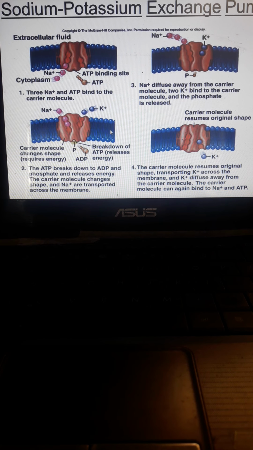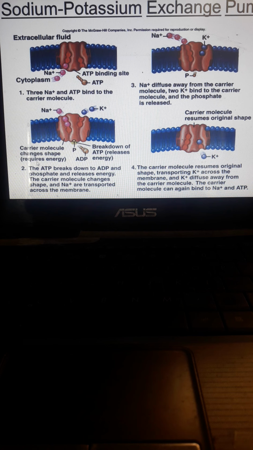So we go now to the sodium potassium exchange pump. Usually this is active transport. In step 1, 3 sodium ions and ATP bind to the carrier molecule known as the protein. So we have the cell membrane, with the cytoplasm on one side and the outside on the other. We have the carrier, the protein. So 3 sodium ions and ATP bind to the carrier.